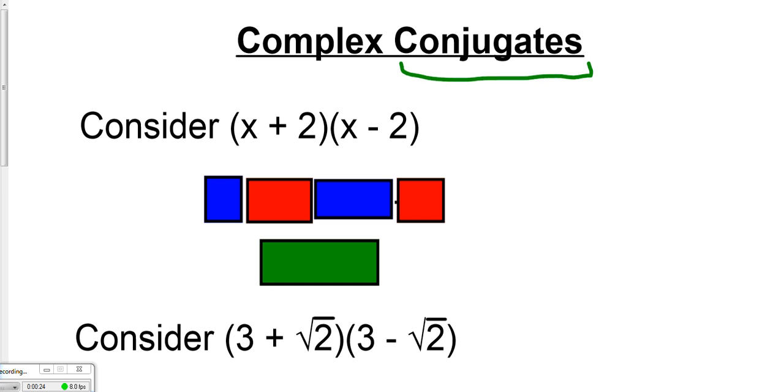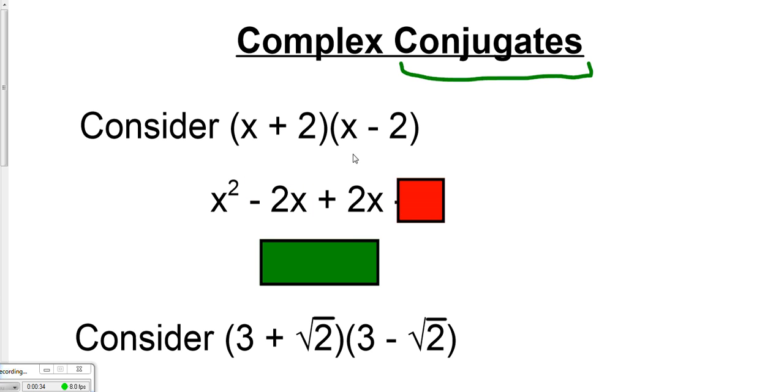X times x, and I would get x squared. X times negative 2, I'd get negative 2x. Positive 2 times x, and I'd get positive 2x, or plus 2x. And positive 2 times negative 2 to get negative 4. Now, when I go about combining all of my like terms, notice negative 2x and positive 2x will cancel each other out.